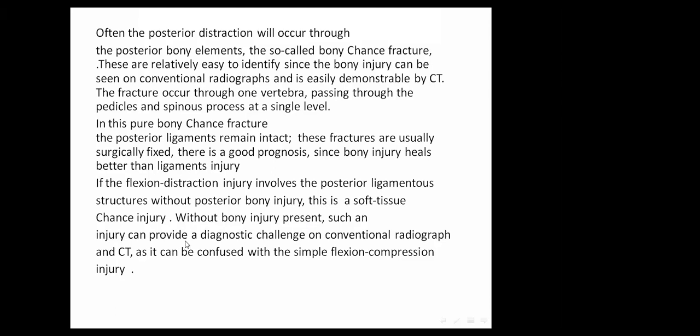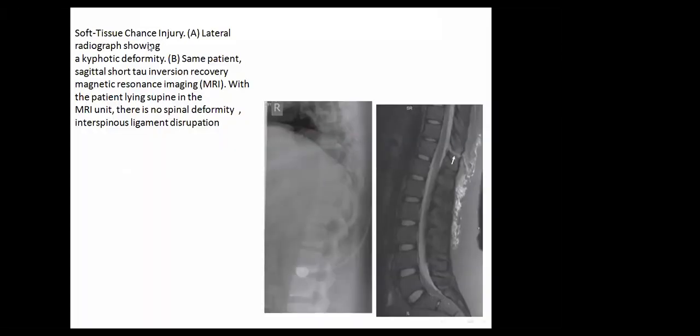Such an injury can provide a diagnostic challenge on conventional radiography or CT, as it can be confused with a simple flexion compression injury. Soft tissue Chance injury: the lateral X-ray shows no abnormal finding but shows a kyphotic deformity.